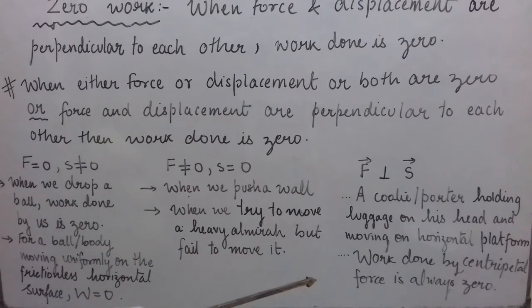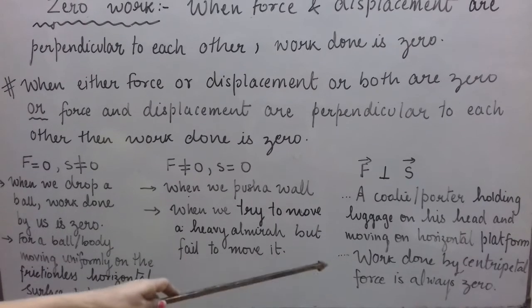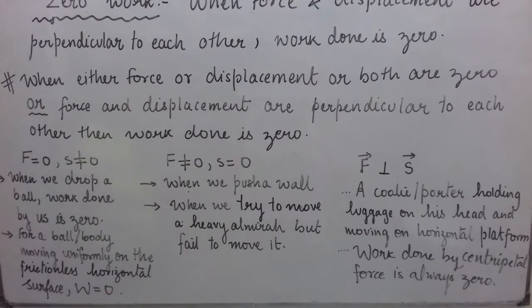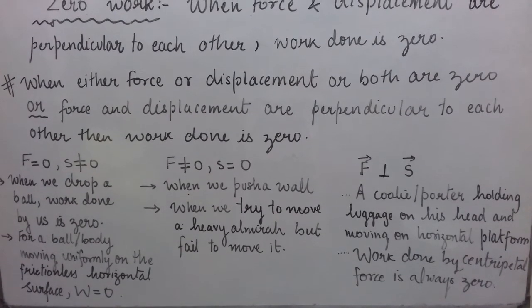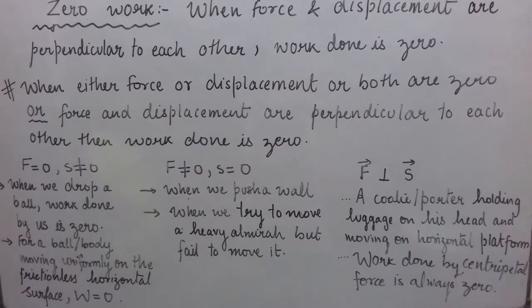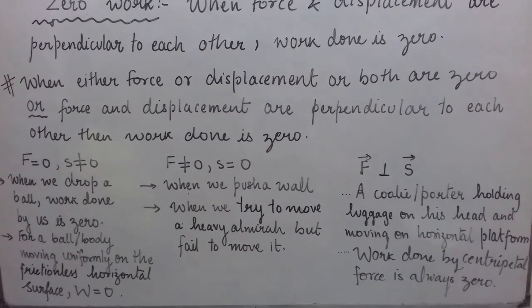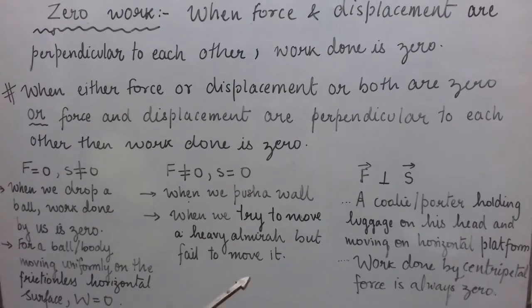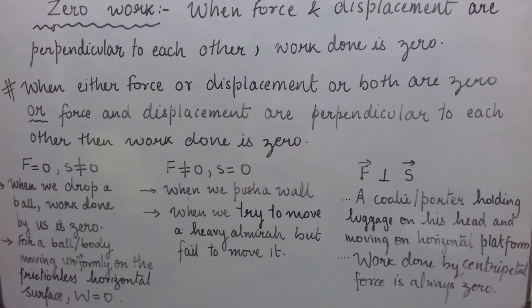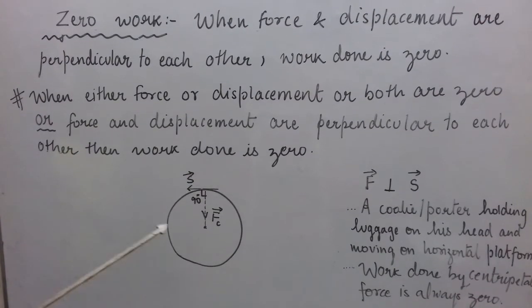Now the last example: work done by centripetal force is always 0. We have seen in the first chapter that in uniform circular motion, centripetal force acts along the radius towards the center. So let us draw the diagram and see this example properly. Have a look at the figure.